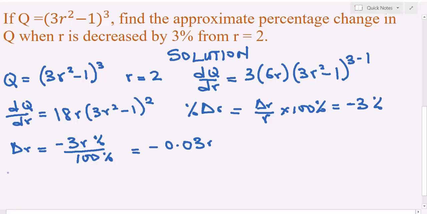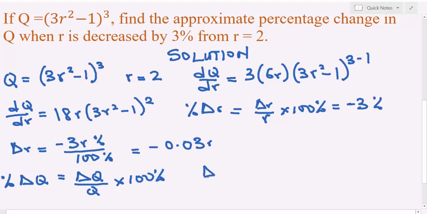Also, our approximate percentage change in Q is equal to the change in Q over Q itself times 100%.